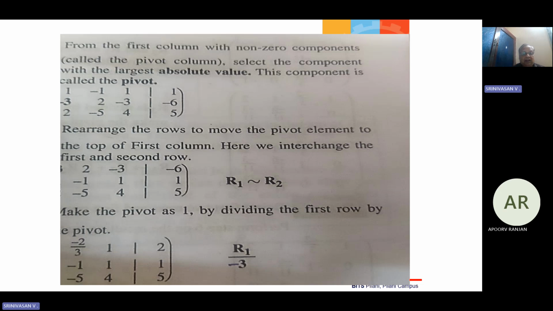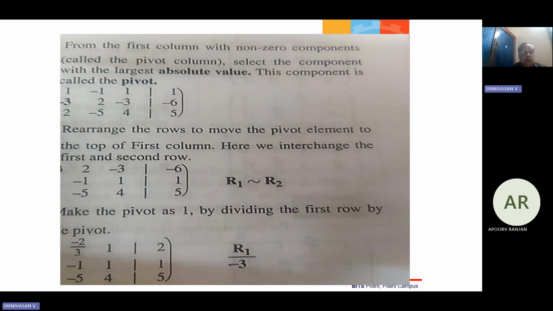So you have 1, and here it is minus 1 by 3. This again I will explain in the next class. And the last one is again minus 1 by 3.